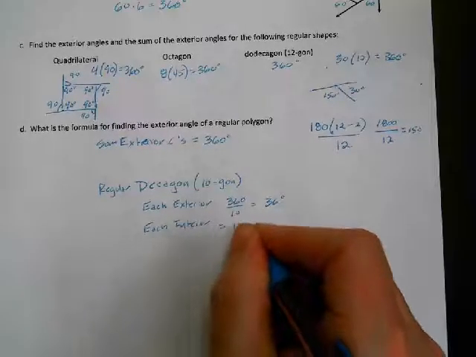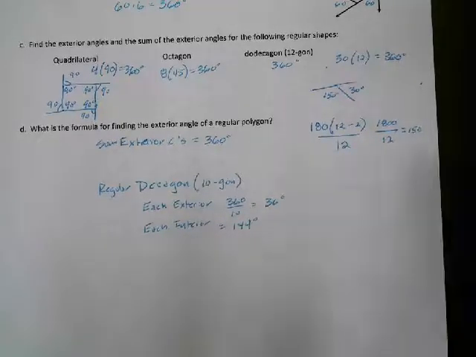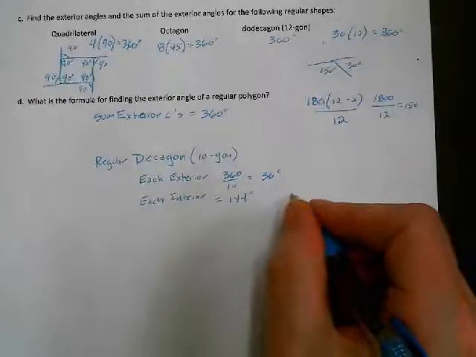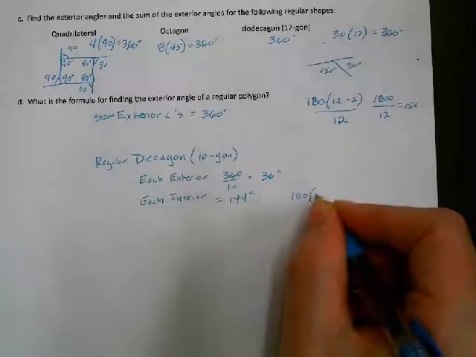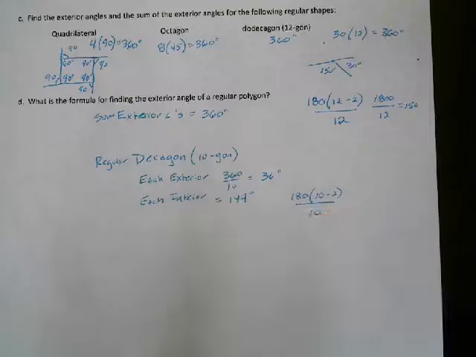A lot less work. We could have gotten the same answer another way. We could have done 180 times 10 minus 2 divided by 10. So we could do that if we want to. So this is the old formula.